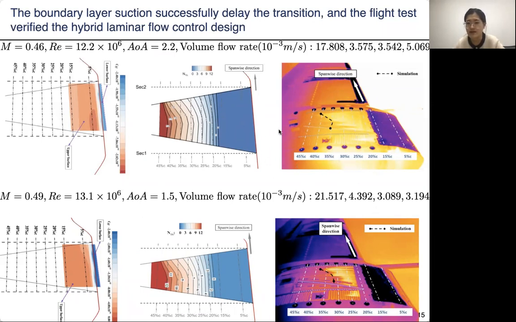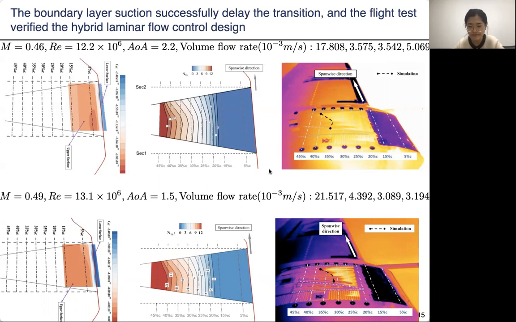Here we use the critical N factor calibrated by the NLF, and we got good results. So in the future, we will also do more tests to see if, under similar conditions of hybrid laminar flow control, the critical N factor of the natural laminar flow can be used for the hybrid laminar flow cases.